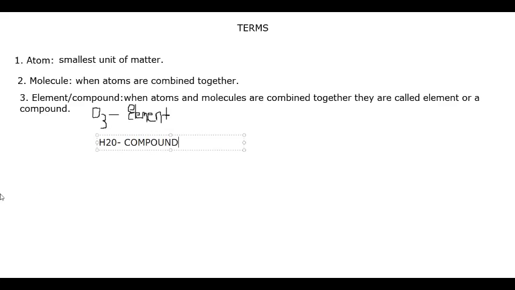Because H2O consists of two things, hydrogen and oxygen. So the one that has two or more elements is called a compound, whereas the one that has only one element is called an element. Done? Okay.